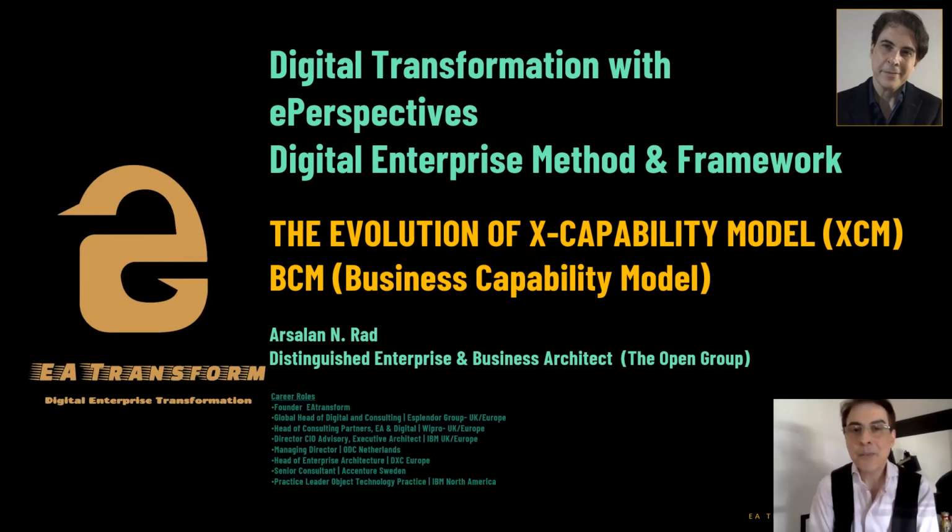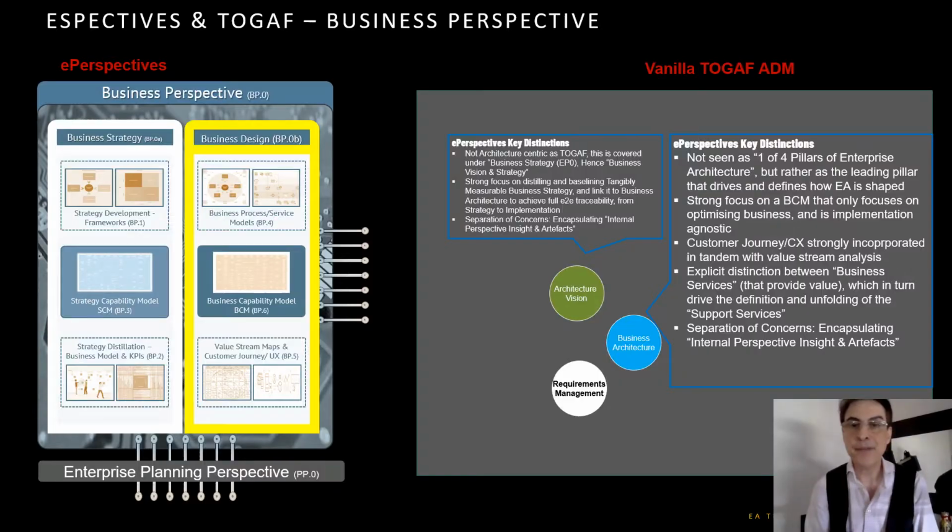So hello and welcome to this next session within the series of XCM, or evolution of X capability model, within the digital enterprise method and framework we call ePerspectives. I'm Arsalan Rad. In the previous session, we covered the left side of the blue perspective within ePerspective, which is the business strategy part.